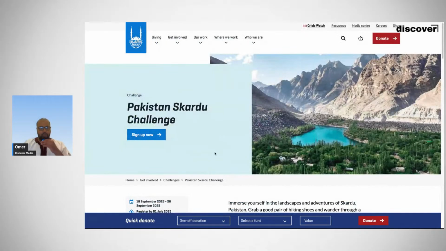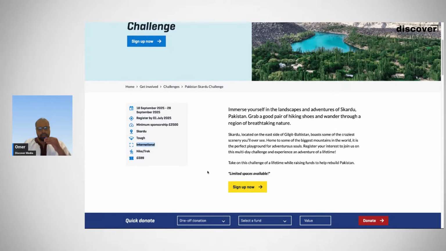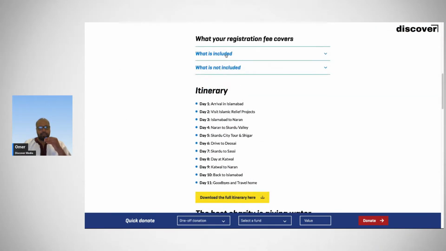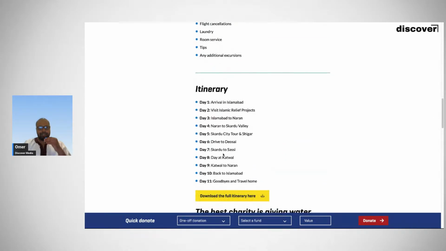1st of July. Straight away, it tells me how much I need to raise, the location, the difficulty, whether it is local or international. This is amazing, man. It shows what it includes and doesn't include, the itinerary. Oh my god.